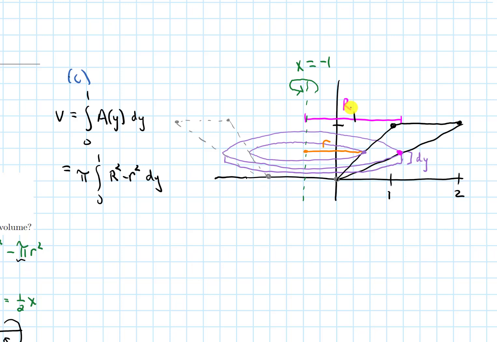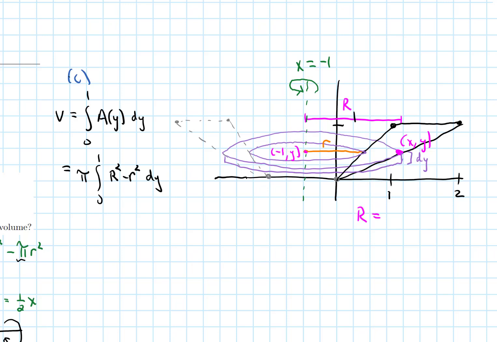All right, so we need to figure out what big R and what little r are. So let's start with big R. Big R is going to depend on the x-coordinate at this point and the x-coordinate at the center point. So maybe if I call this point x comma y, the center point would have the same y value, but the x-coordinate we know is -1.